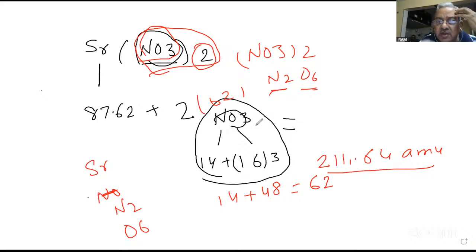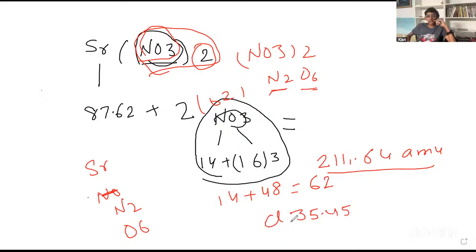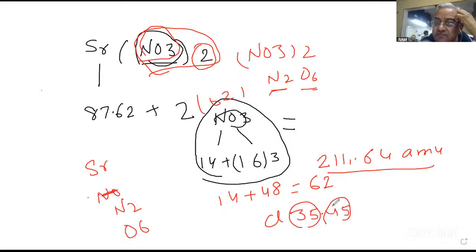But in school, is it taken up to the second decimal point or only one decimal? Because chlorine is 35.45. In your class, is it taken as 35 only or 35.45 also? In my class, it depends on the... I know the formula, so you have to see how much it is.